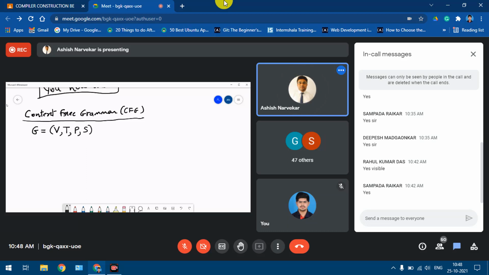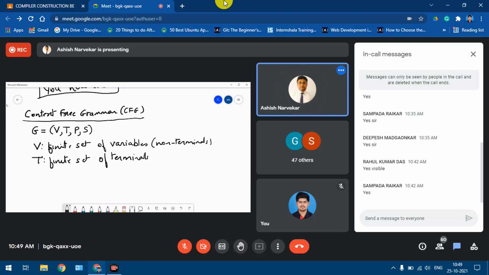Each of these, that is V, T, P, and S, defines something. V is a finite set of variables, or in the most common term, non-terminals. T is a finite set of terminal symbols.